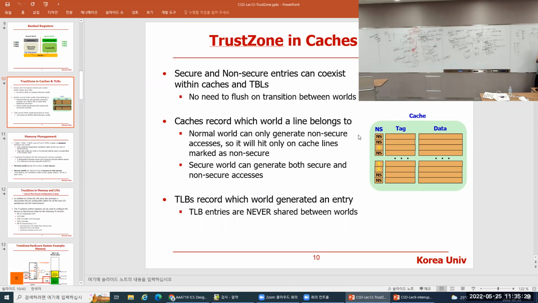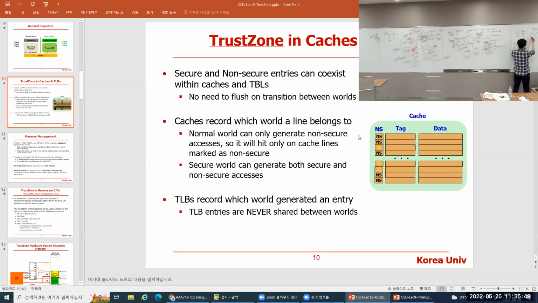Data is typically 64 bytes or 32 bytes. If you miss the cache, then let's use 64 bytes, a 64 byte memory block will be placed in a cache entry depending on the index.